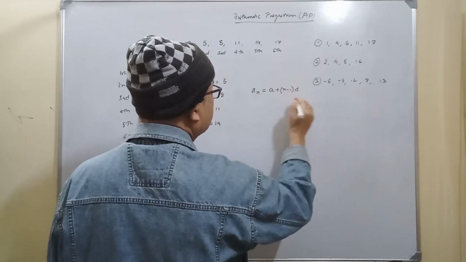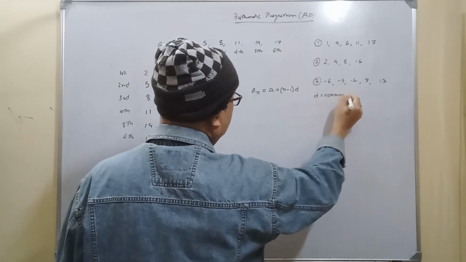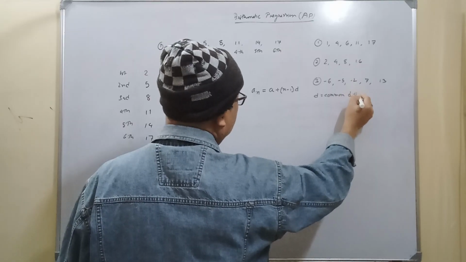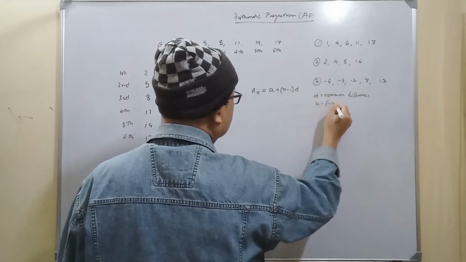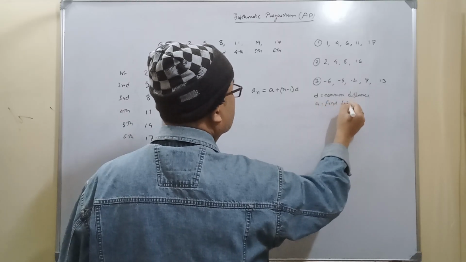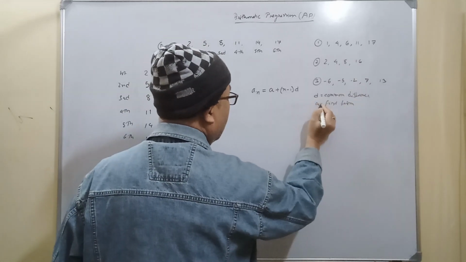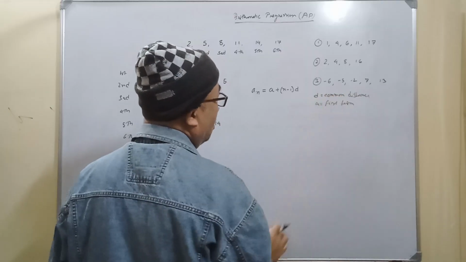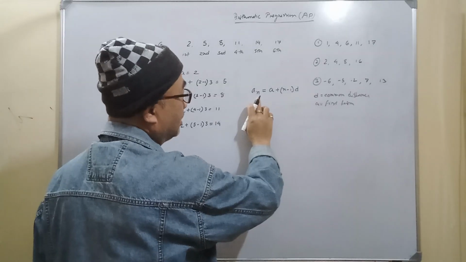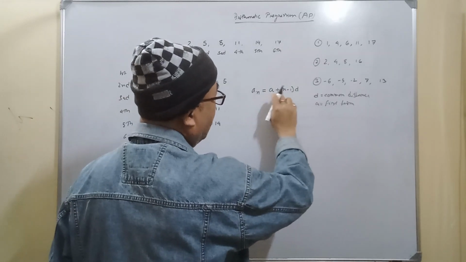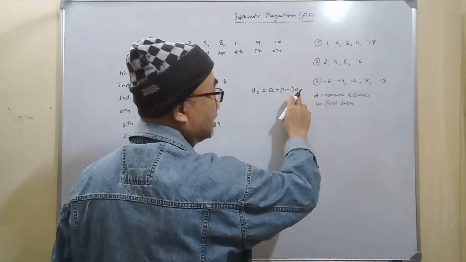What is d? d is the common difference. And what is a? a is the first term. So if a is the first term and d is the common difference of an arithmetic progression, then the nth term can be obtained by adding the first term to n minus 1 into the common difference.